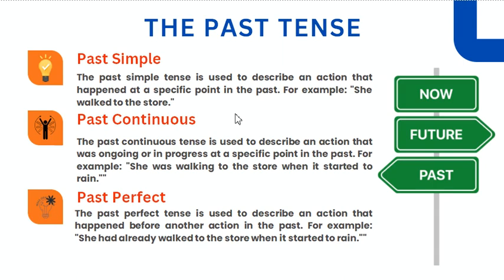What's the difference with the simple present? Instead of saying she walked, you say she walks to the store. If you say she walks to the store, you are telling us that she has the habit of walking to the store every day. But if you use she walked, it was sometime in the past.